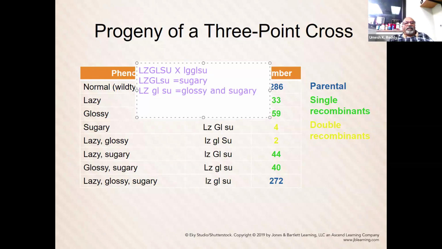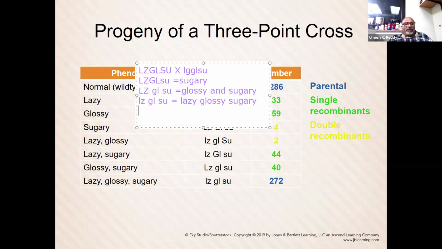Okay. And then if any plant is lazy, glassy, and sugary, this is generally called lazy, glassy, and sugary, like the parent. If any plant is just this one, and then this and this are there, we call it just lazy. For glassy and sugary, it is normal.